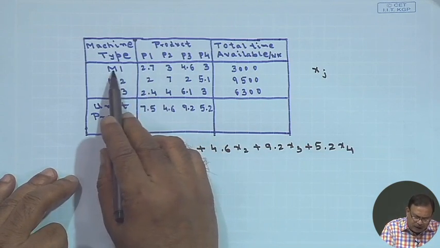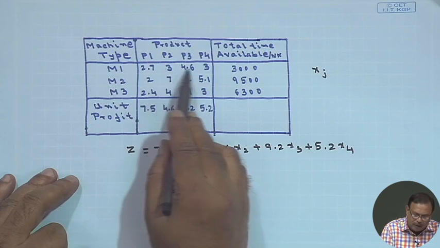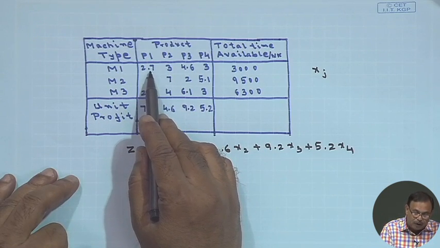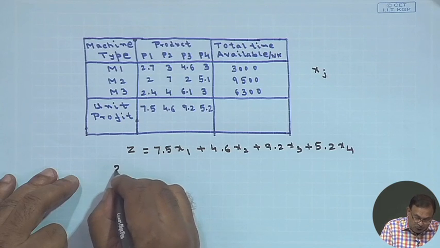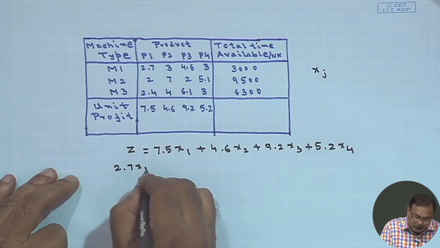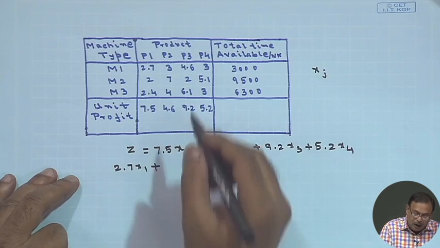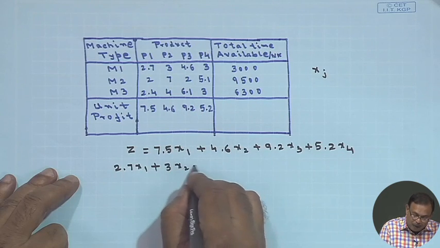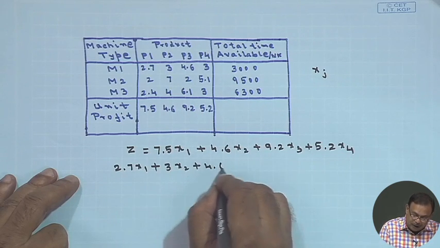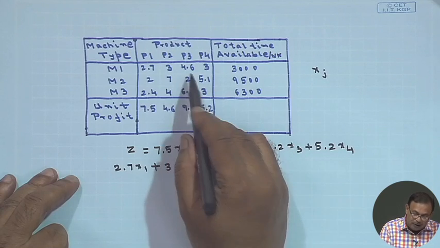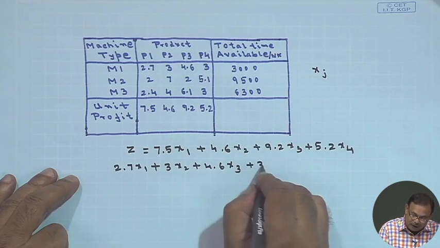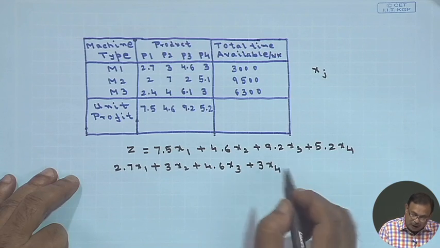If you see the first row, for machine M1: 2.7 x1 for product P1, plus 3 x2 for product P2, plus 4.6 x3, and for product P4 it is 3 x4.